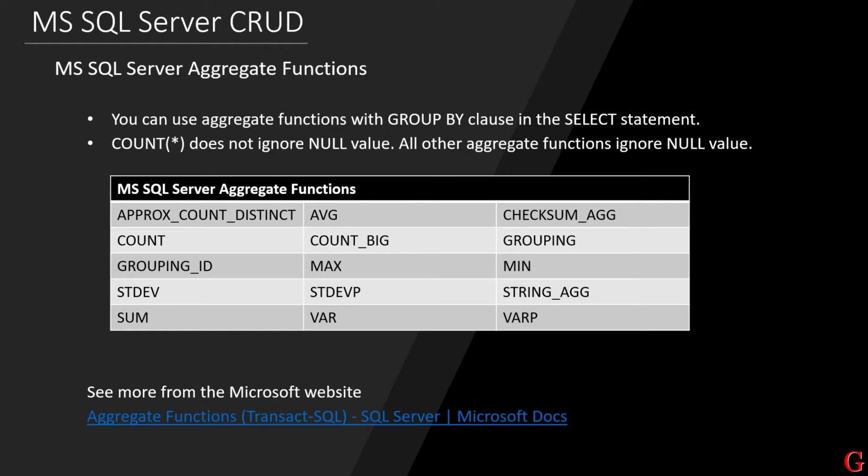MS SQL Server also supports a wide range of aggregate functions. Aggregate functions are often used with the group by clause of the select statement. All other aggregate functions except count ignore null values. We will talk about null values later in this video.